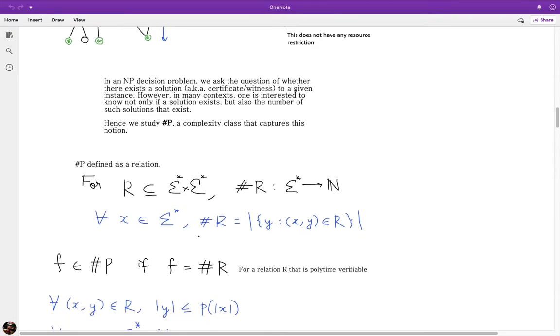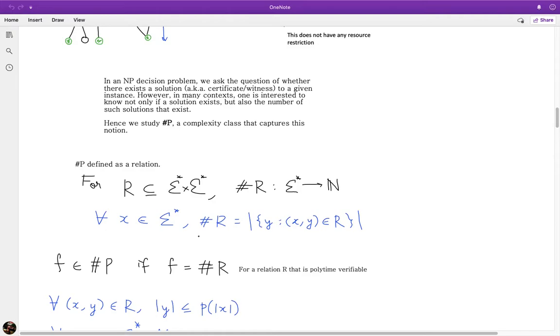Now, let's see. In an NP decision problem, we have the question of whether there exists a solution, right? In a decision problem, we are concerned with whether there is a solution or not. Does a specific problem have a solution or not? And given a valid certificate or a valid solution, we can check if it is correct or not.